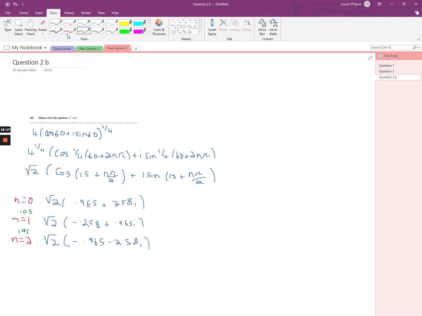That's fine. And n equals 3. Let's go back in, square root of 2. So n is 3, so it'll be 3 pi over 2. What is that in degrees? That's 270 plus my 15, so it's 285. Same thing, just this time it's 285.